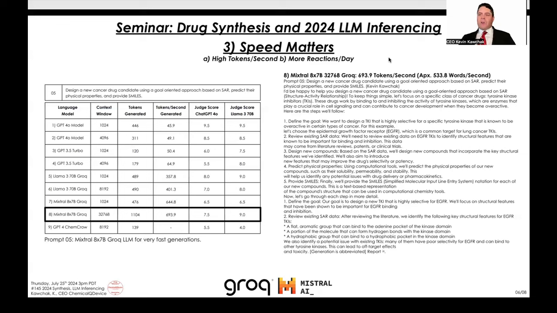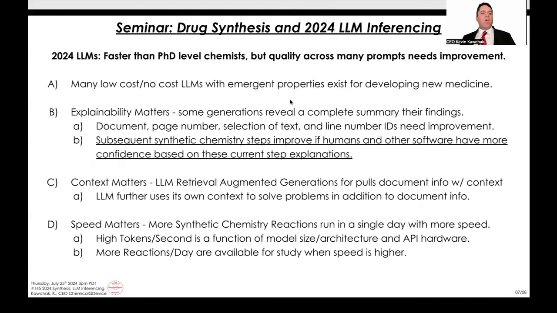So, as far as giving some type of response, and obviously having humans read papers, create keys, and then run the generations and then assign a score based on those is a very valid approach that'll be going on for some time. So the main summary with this is LLMs are definitely faster than PhD level chemists, but the quality across many prompts needs improvements.